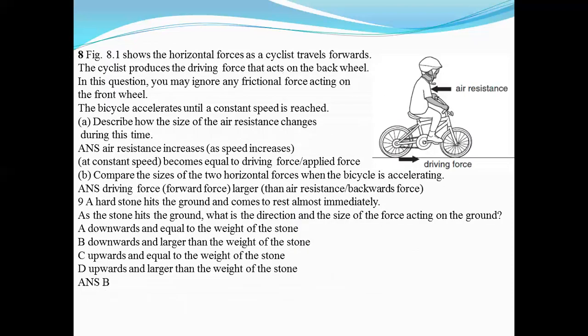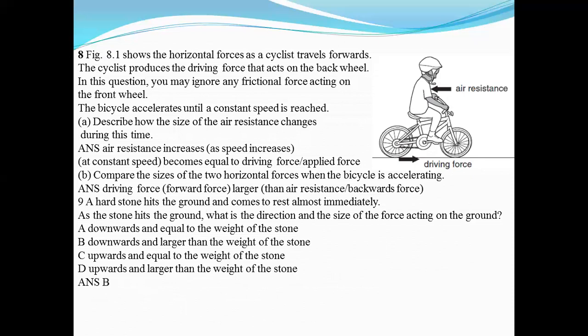Question number 8. The figure shows the horizontal forces acting on a cyclist as he travels forwards. The cyclist produces the driving force that acts on the back wheel. In this question, you may ignore any frictional force acting on the front wheel. The bicycle accelerates until a constant speed is reached.